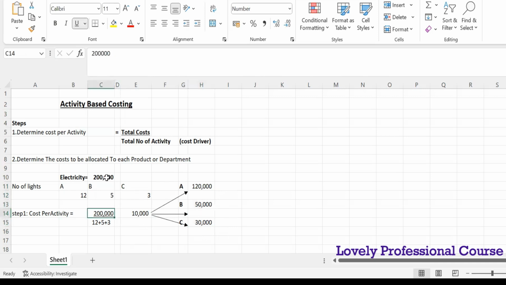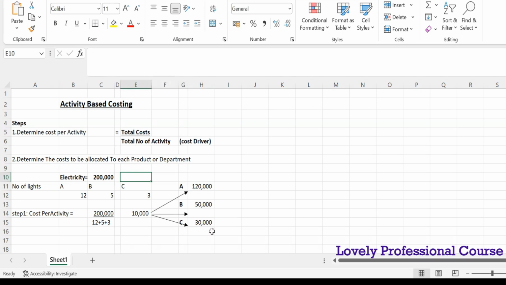Now you remember this electricity was in general, it was in the pool. That is why these are called a cost pool. Then these cost drivers help you to allocate this electricity, to account for it, such that you can be specific and break down this electricity, knowing that department A should pay this, department B should pay this, and department C should pay this.